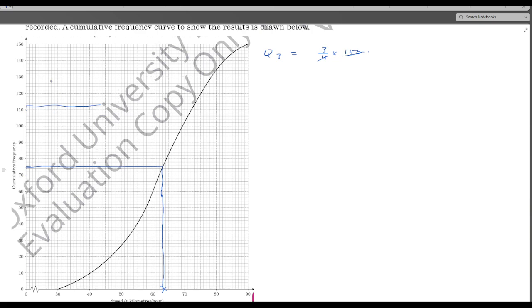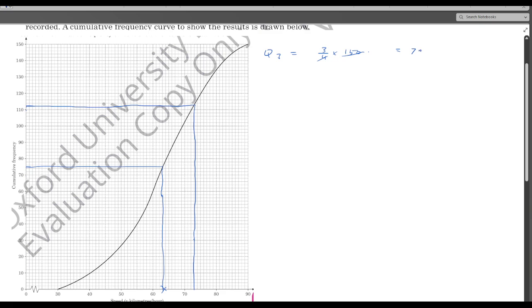If you draw one horizontal line, the line will go like this. Use your scale, or don't do it freehand as I am doing. So this point is here, it is 70, then 71, 72, 73. Your Q3 is 73 kilometers per hour.